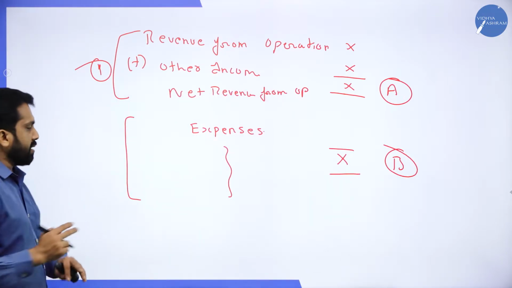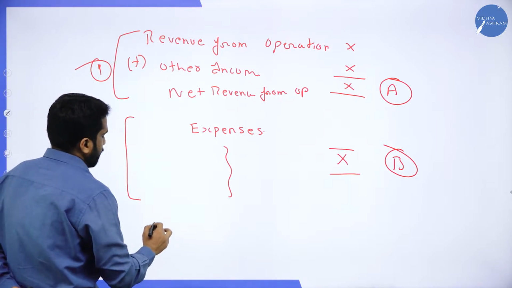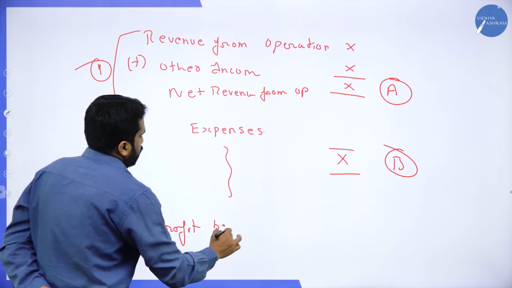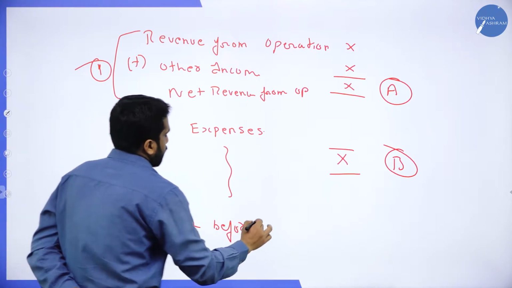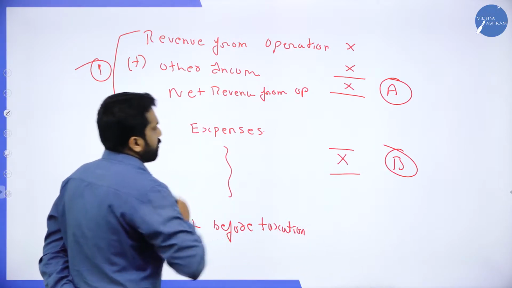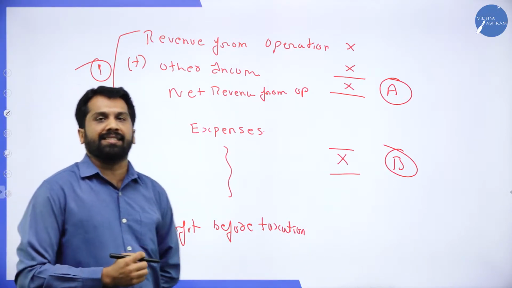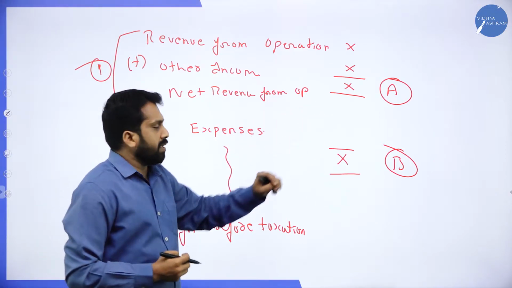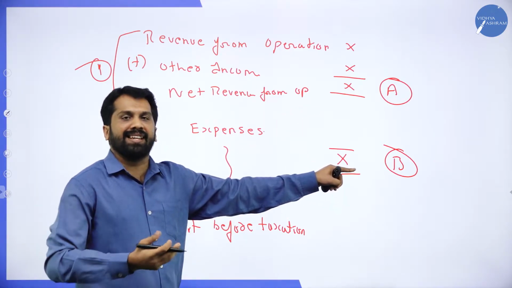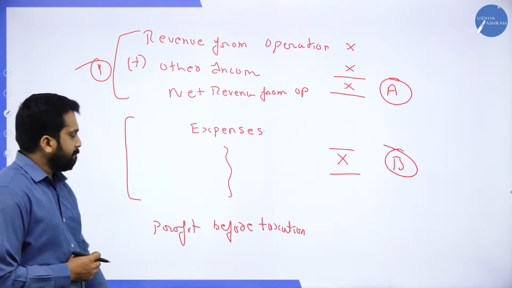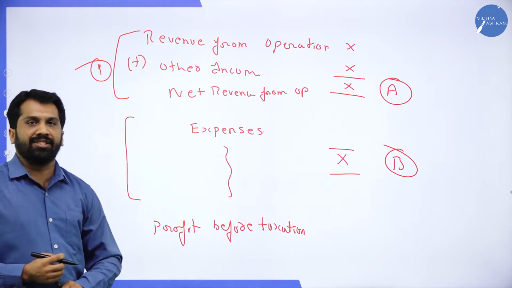And the third one is profit before taxation. What is profit before taxation? Now, you have part A, income. You have part B, that is expenditure. Income minus expenditure is your profit before taxation.